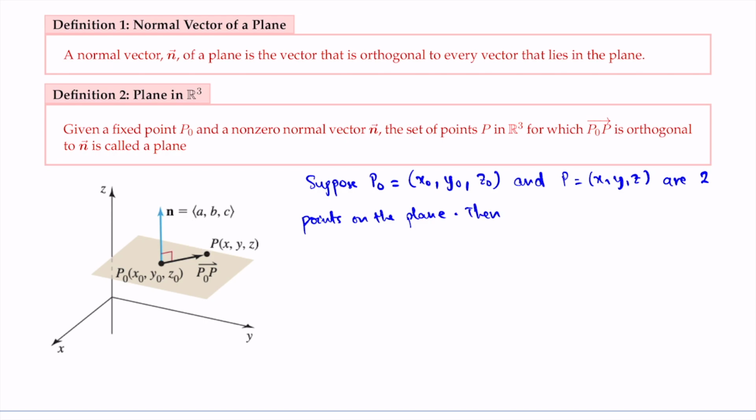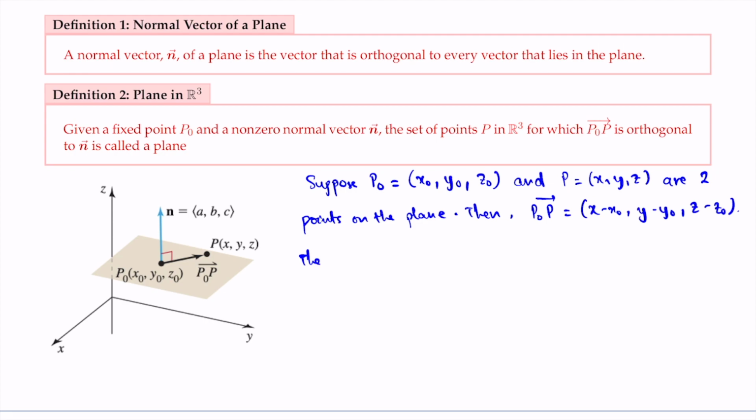Then you can calculate the vector p0p as follows. This is equal to x minus x0, y minus y0, z minus z0. And by the definition of a plane in R3, the normal vector n is going to be orthogonal to the vector p0p on the plane.